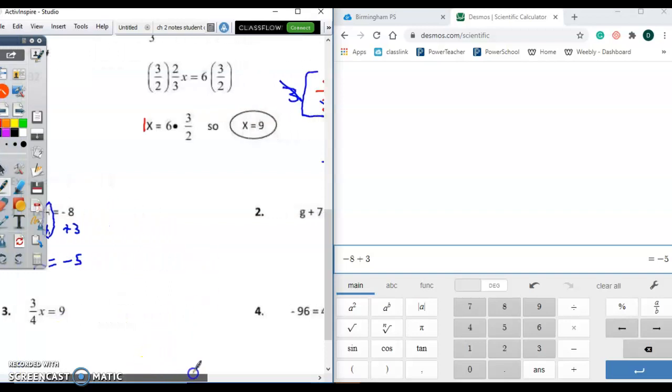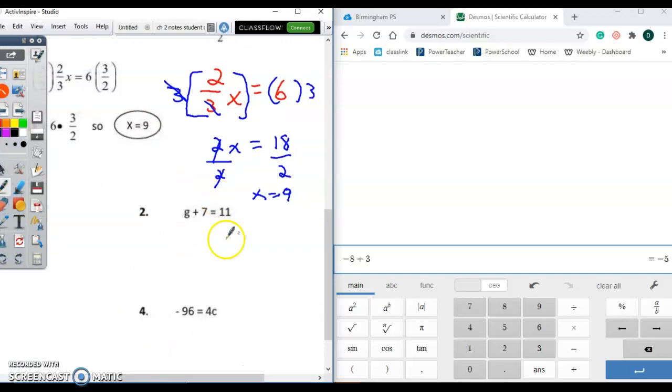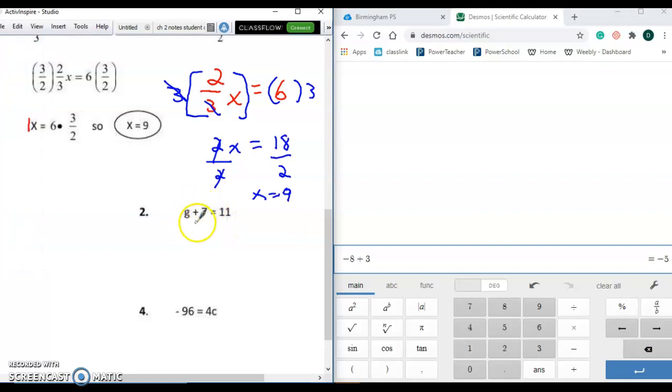All right. Over here, I have another example. I have g, an unknown number, plus 7 equals 11. Well, you can kind of think of what that number might be. But to show our work using inverse operation, especially as the problems get harder, I'm going to make this term, positive 7, become 0. I'll do that by subtracting 7.